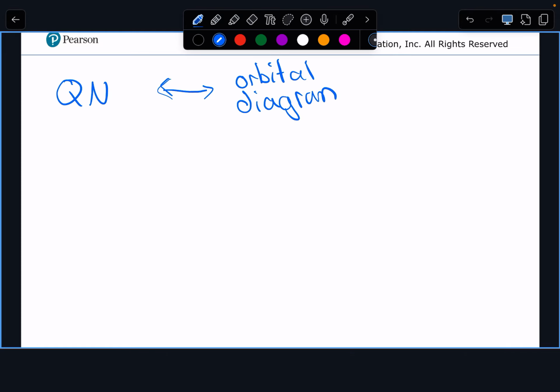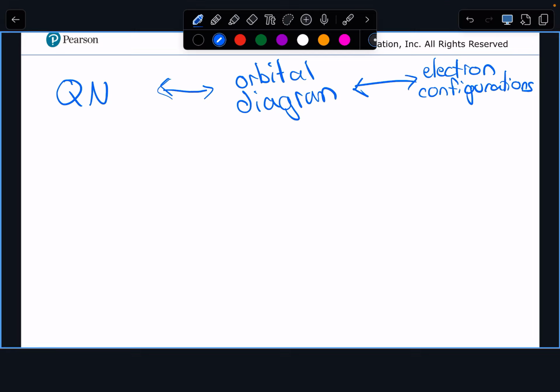So quantum numbers are the very basics that get us to being able to write an orbital diagram. And then we can also translate that orbital diagram into electron configurations. But as we learned, I think it was Friday, we can also go from the periodic table straight to the electron configuration.